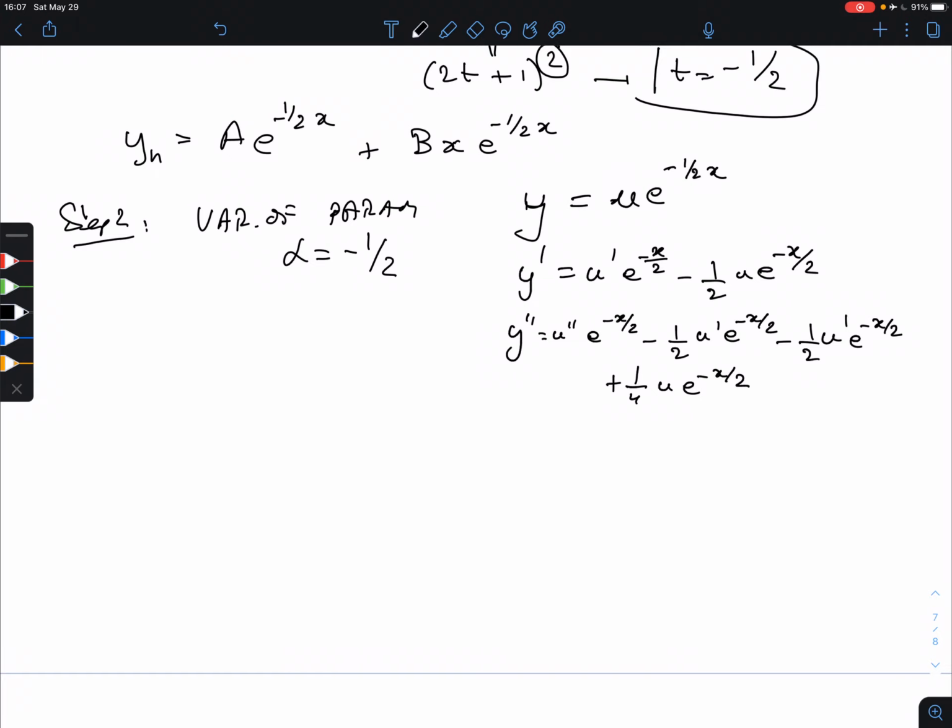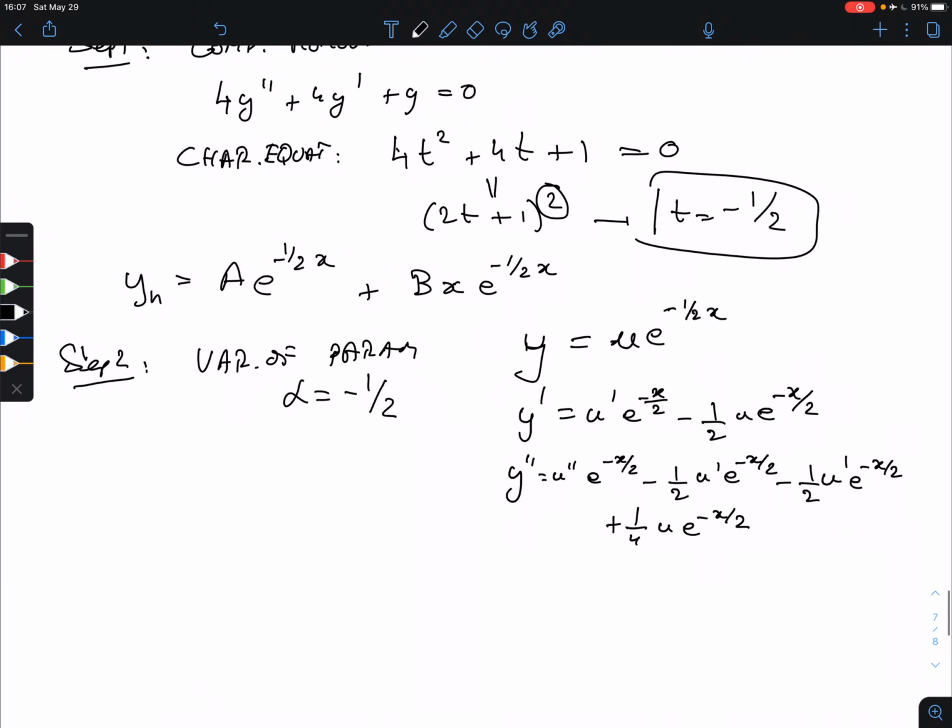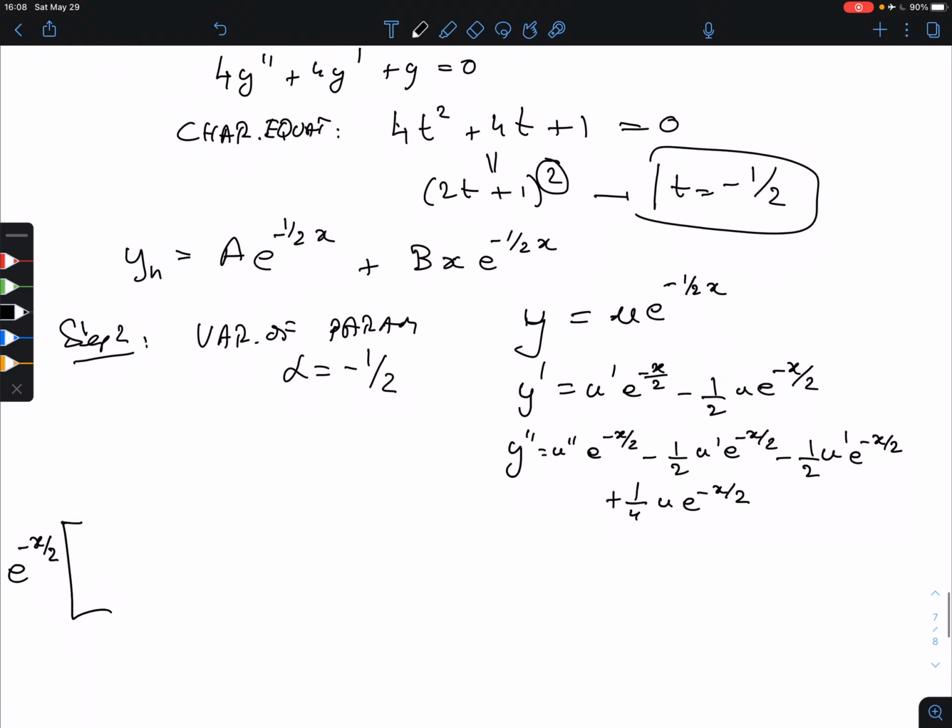Okay, so we put everything into our equation. We can factor out e to the minus x over 2, right? It's everywhere there, so I just factored it out. So what is it then?